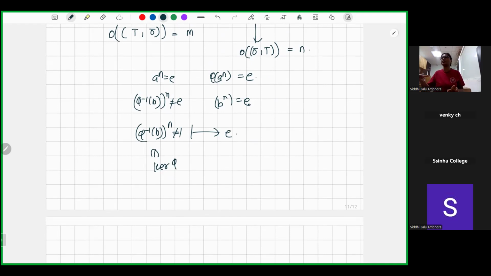Then I will have some non-zero kernel of my map phi. I hope you understand what I'm trying to say here.